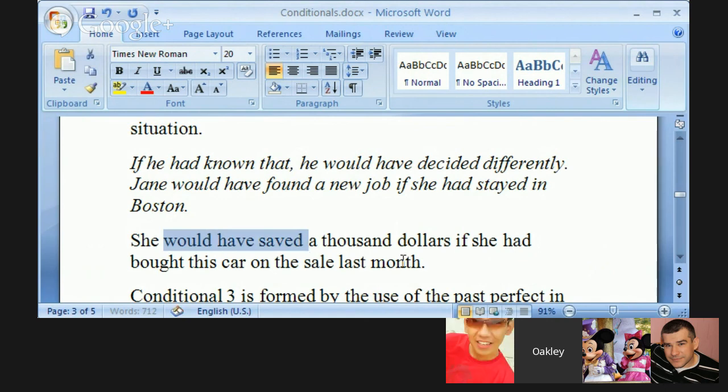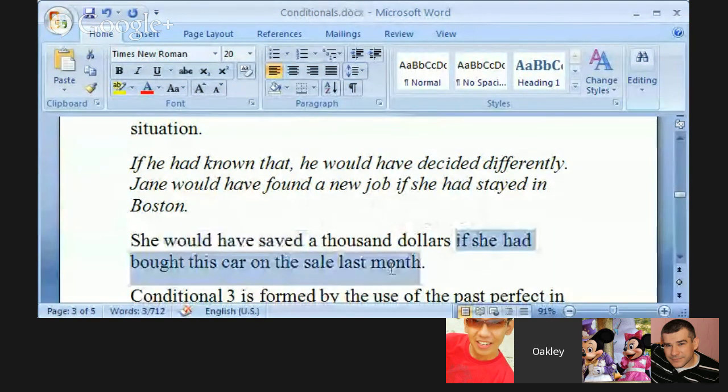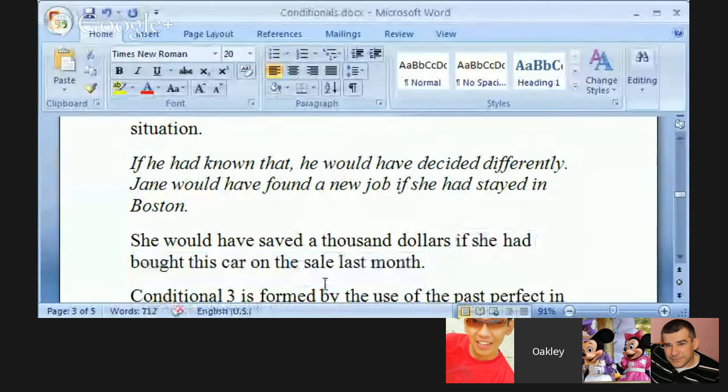Excellent. If she had bought this car on the sale, one small problem here, Adam. I don't really need to add the definite article. I know why you're saying that because you're describing it last month. You know what sale it's for the car, but the phrase on sale.